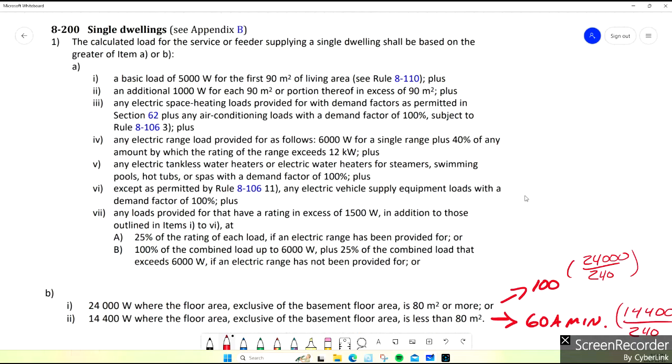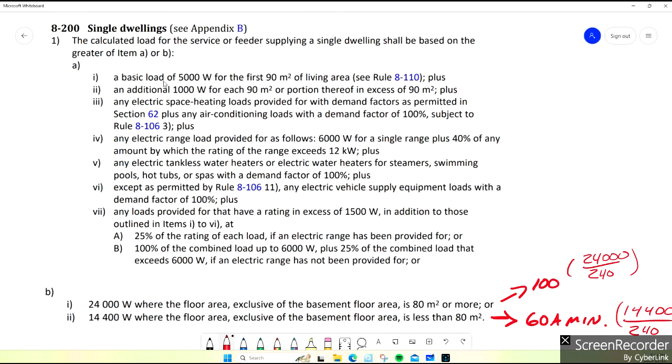So if you go back up to the top here, just to review and make sure we're all on the same page: the calculated load for the service or feeder supplying a single dwelling shall be based on the greater of A or B. So if you go through A, which we're going to do, but you found that it was less than this based on the floor space, then B would kick in because it is a greater number. But for the majority of the homes that you're going to be doing, this is going to override B. Like, these are pretty small homes down here.